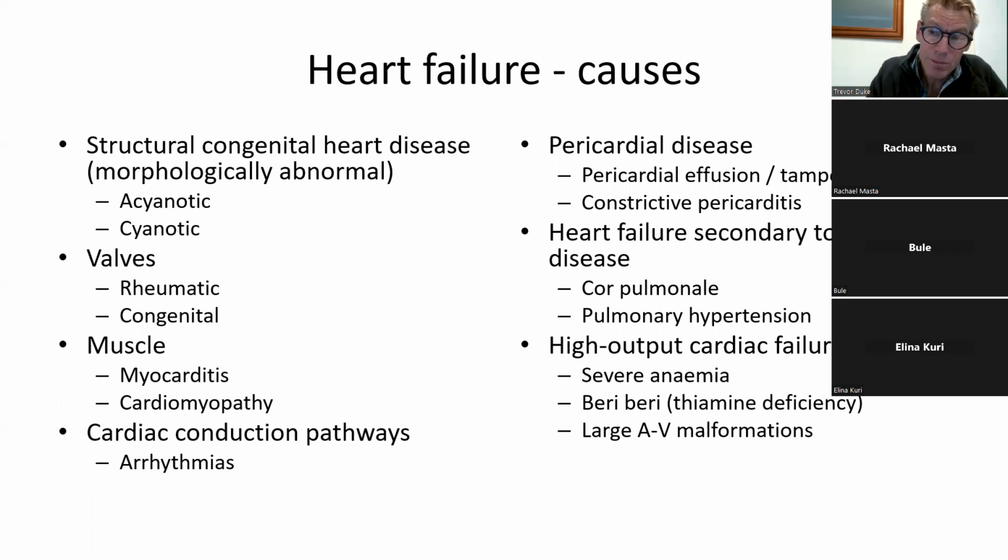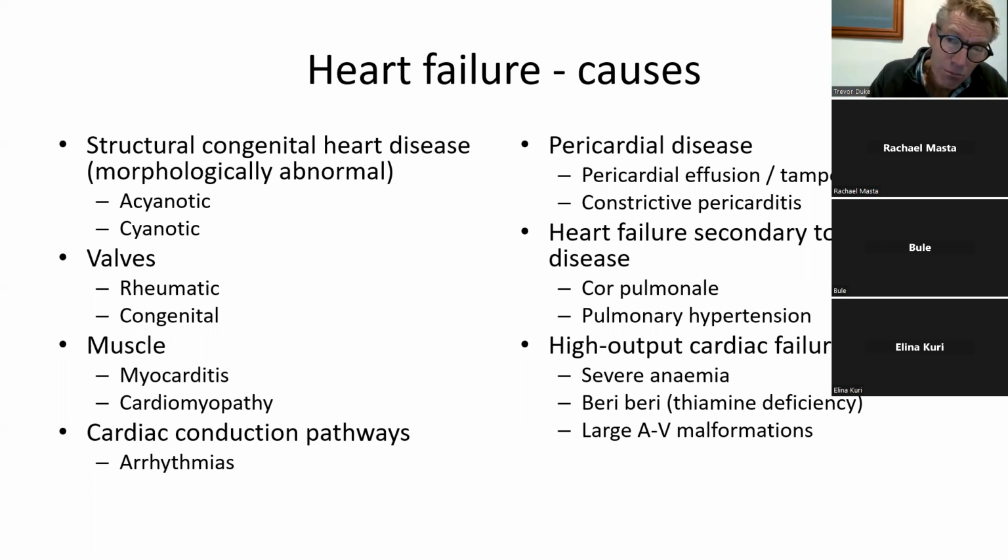And then there's pericardial disease, and we see a lot of pericardial disease with tuberculous pericarditis or Staph aureus pericarditis. It's important to think about pericardial disease not only when you've got a massive globular heart, but as a cause of heart failure.